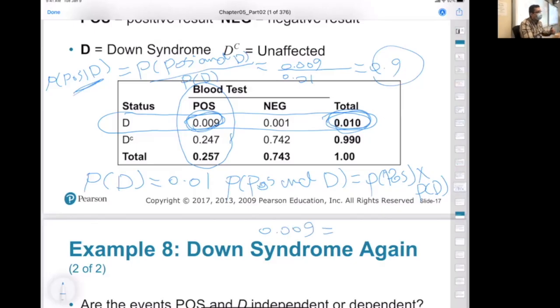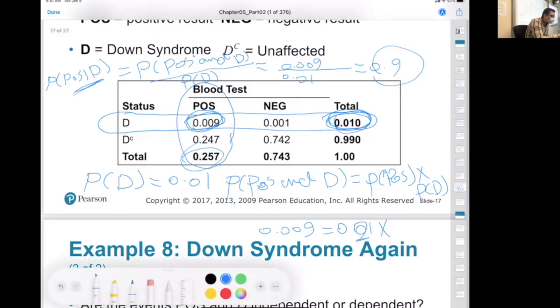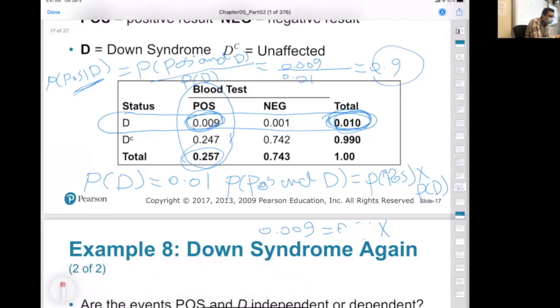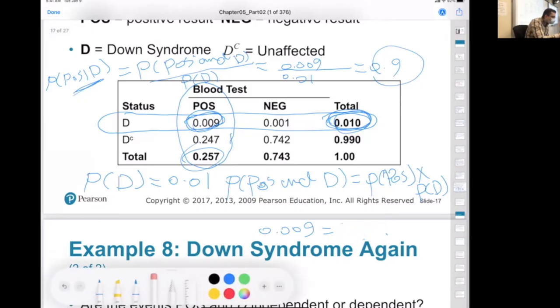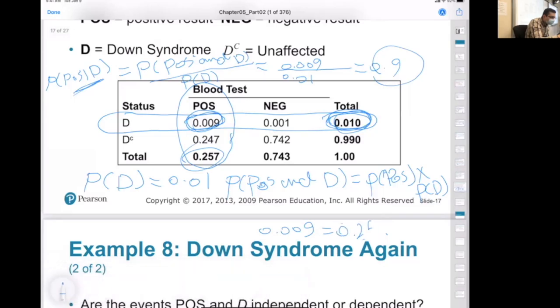So when you multiply the probability of positive, which is 0.257, times the probability of D, 0.01, of course, it's not equal to 0.009.